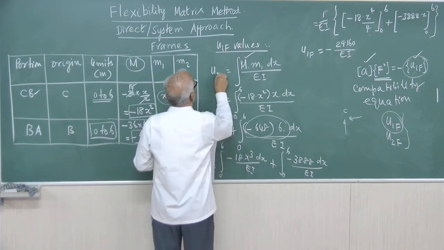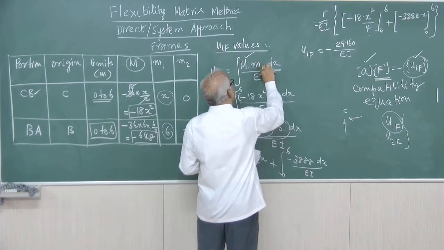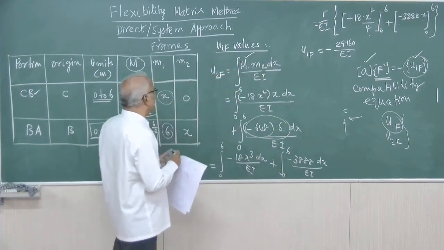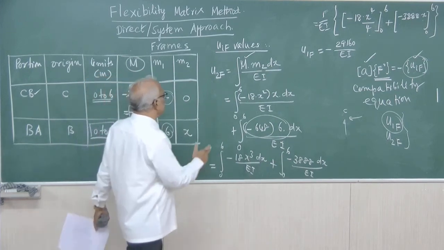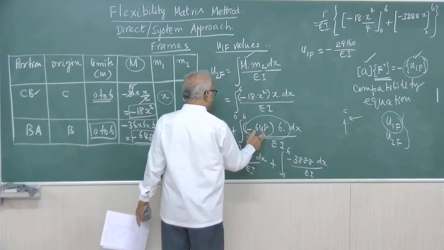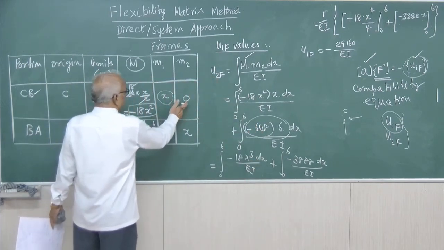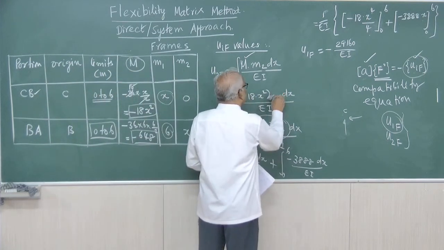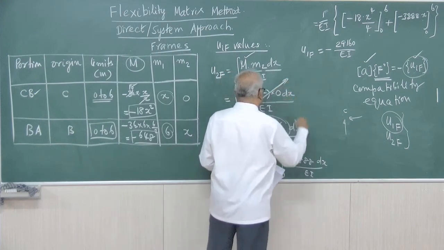Now U2F. U2F will become integral of M M2 dx by EI. Here M is the same, but for the first portion M2 is 0, so for the first term it is 0 into 0, and this will get cancelled.